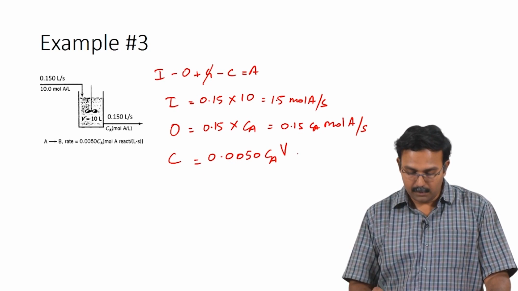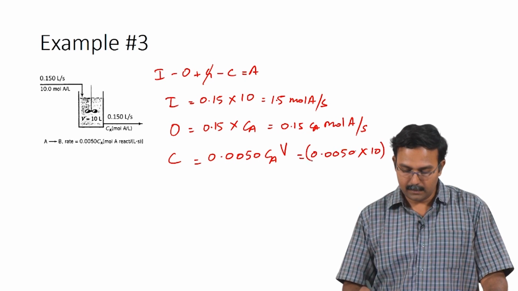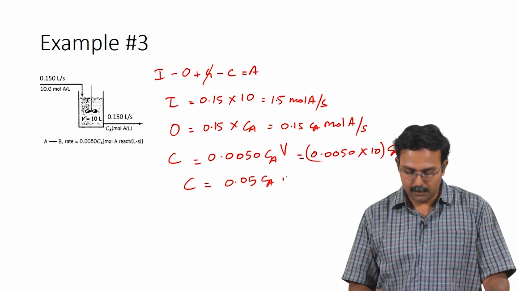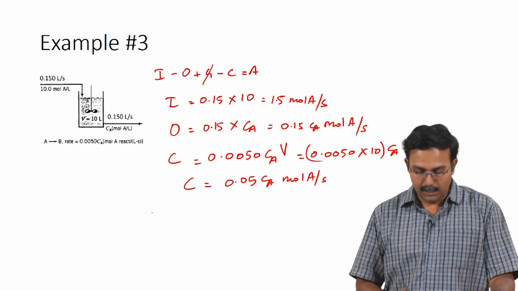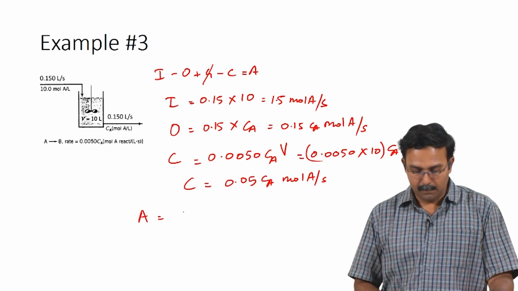So, this would give 0.0050 times 10 CA. So, your consumption term is actually equal to 0.05 CA, which would again be in terms of moles of A per second. Accumulation term, as we had already described, would basically be d times the number of moles of A by dt.